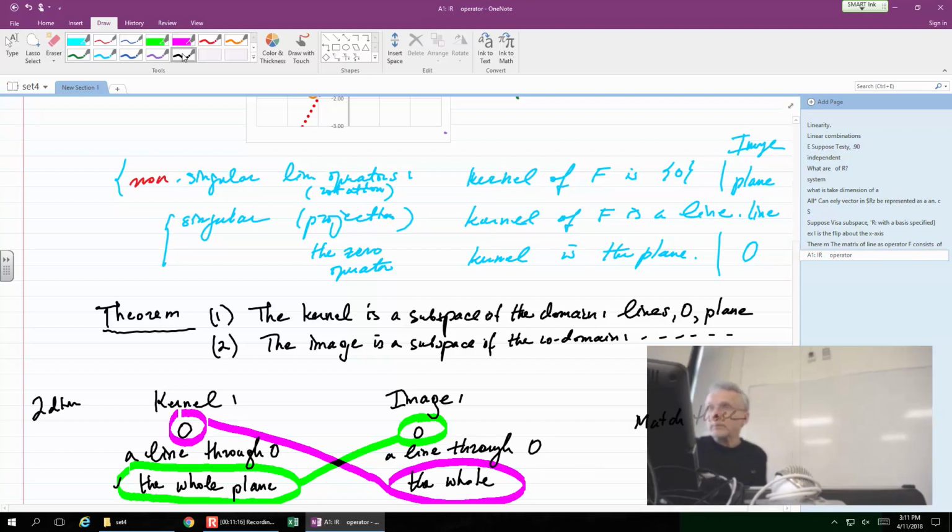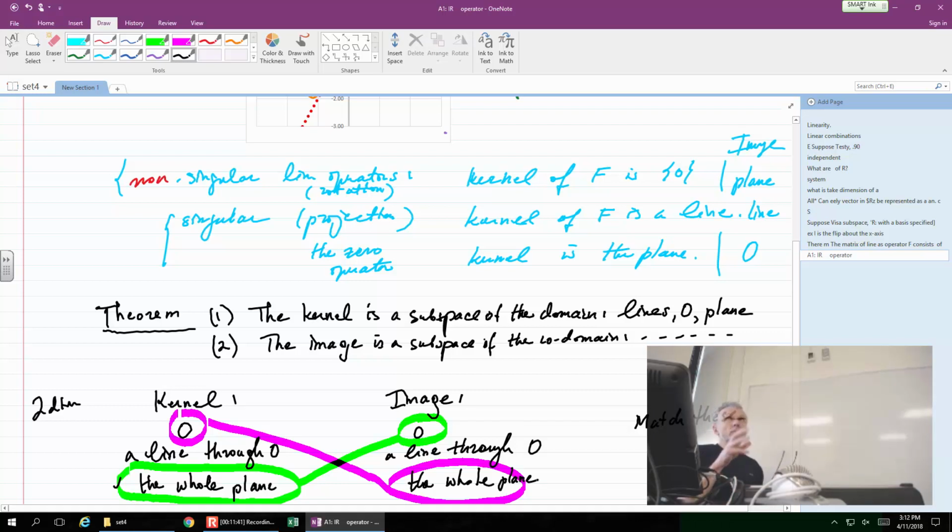Where's the word plane? Where did it go? Okay, so if the kernel is 0, then the image is the whole plane. Remember those rotations, stretches, rotation stretches and flips. All of them are preserved.